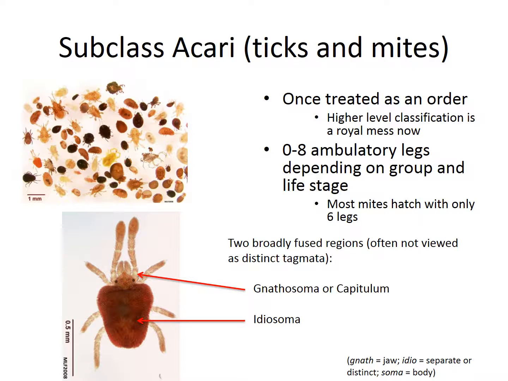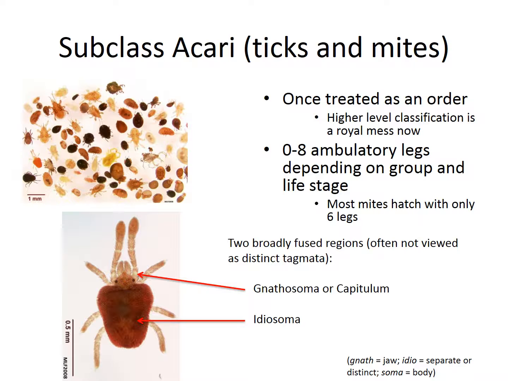Mites are the exception to this. And it's not because their ancestors didn't have 4 pairs of walking legs. They did, but some of these groups that are parasitic or less mobile have lost these legs through evolutionary time. And most mites actually only hatch with 6 legs, and then another pair will develop later.